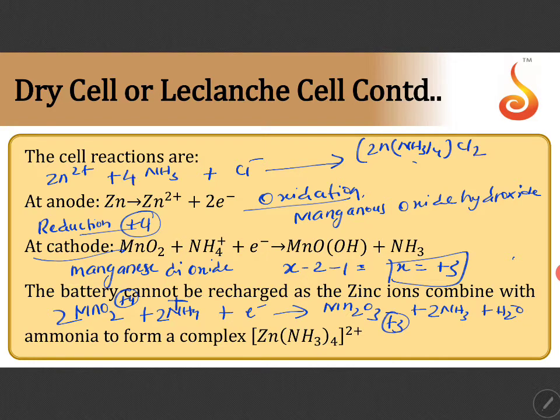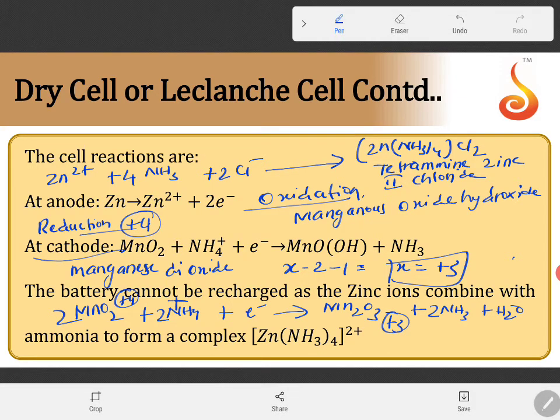So balance this equation, put 4NH3, 2Cl here. This is called tetraamminezinc(II) chloride. So it's a coordination compound. Once this compound is formed, you will not be able to reverse this reaction. That is the reason primary batteries, they say that it cannot be reversed.